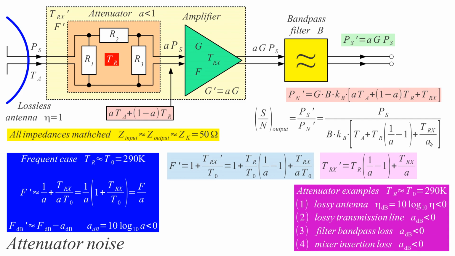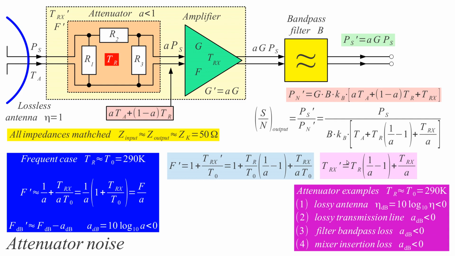Our equivalent noise temperature of the receiver increases, and further we have the contribution of this term here, which is non-zero. So things will go bad because of this attenuator. This attenuator is really causing harm here, is damaging our signal-to-noise ratio.